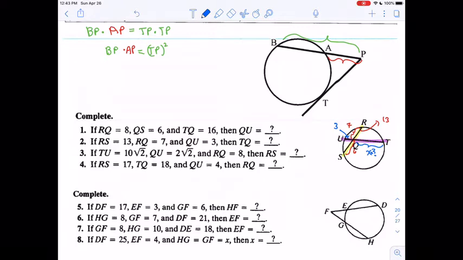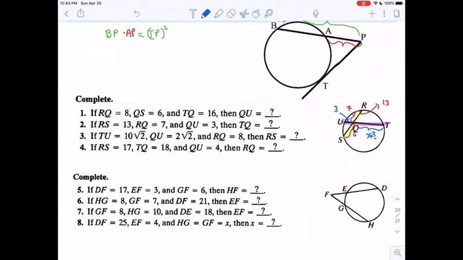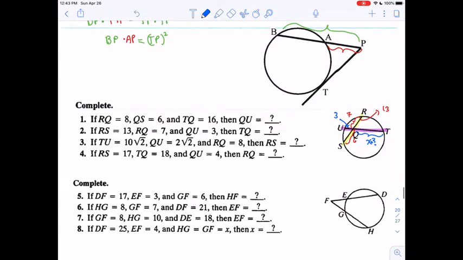So if we apply what we know, the product of the two pieces, let's do our work here. As I do the work, I'll erase just so I have space. Problem number 2: we have the most information on the pieces of chord RS. So 7 times 6. The pieces of RS are RQ and SQ.